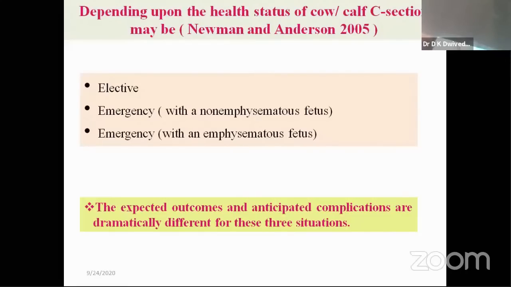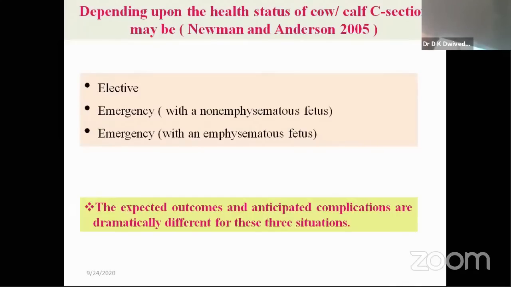Now, in emergency C-section, again we have two types. First is emergency C-section with a non-emphysematous fetus, and another one is emergency C-section with an emphysematous fetus. Now, in all these three, the expected outcome or anticipated complications differ dramatically.